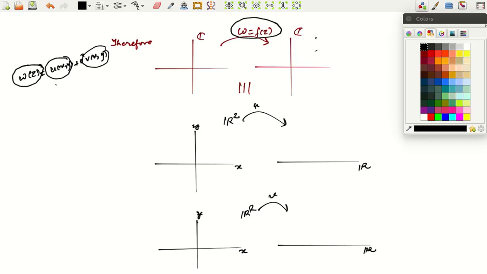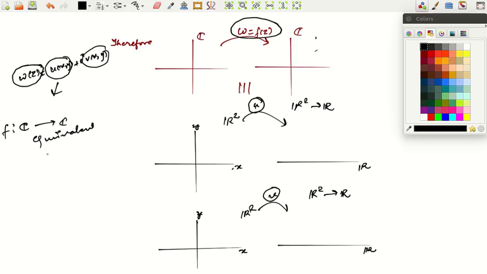This u is a real valued function of x and y, so it is a function from R2 to R. And similarly this v is a function from R2 to R. So it means that studying a function from C to C is equivalent to studying two functions from R2 to R, and we are already familiar with these functions.